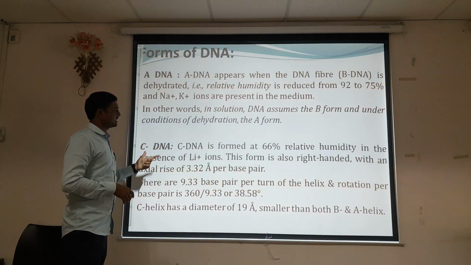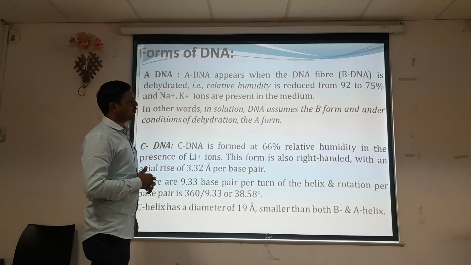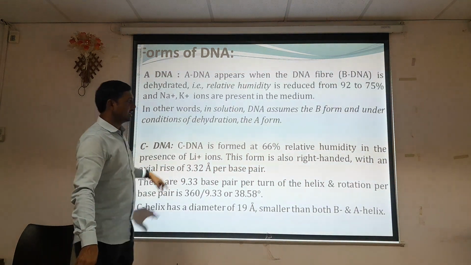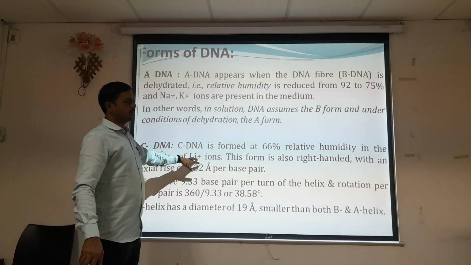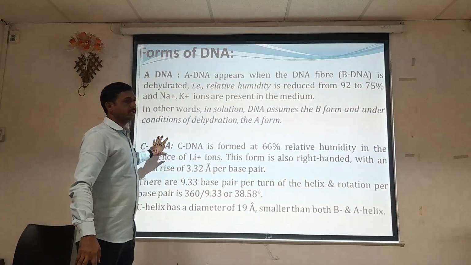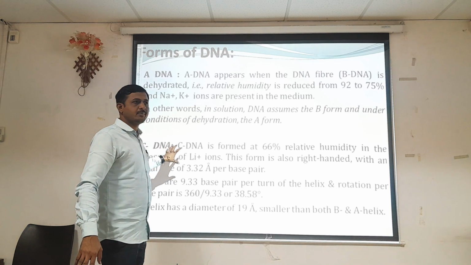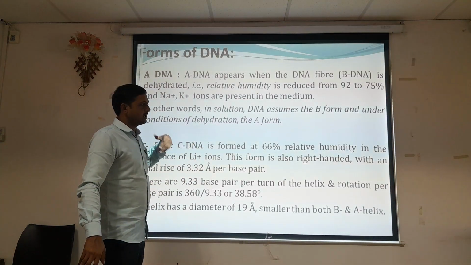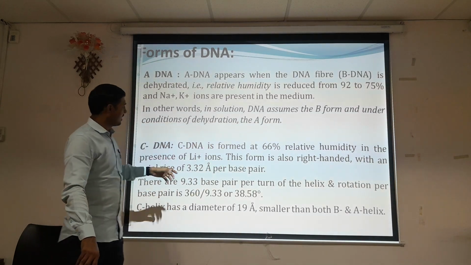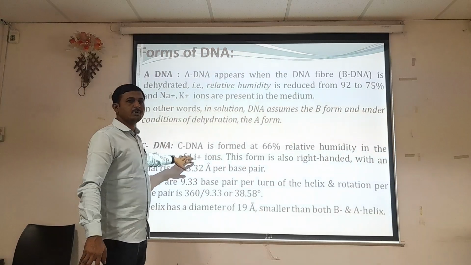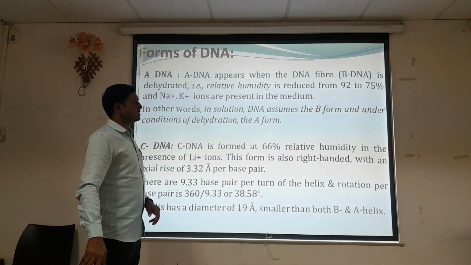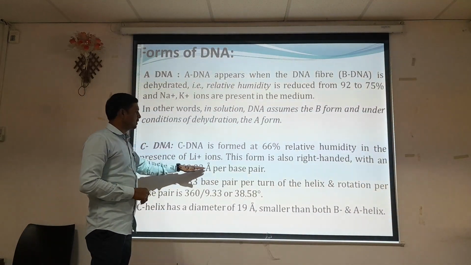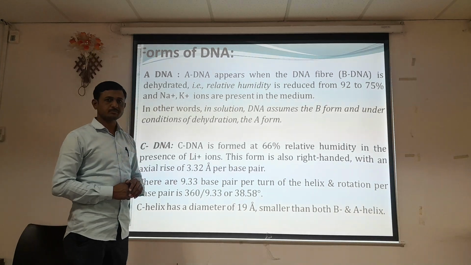Another form of DNA is C DNA. C DNA is formed at 66% relative humidity in the presence of lithium ions. So the C form of DNA can appear when relative humidity is reduced to 66% in the presence of lithium ions. This form is also right-handed with an axial rise of 3.32 angstrom per base pair.